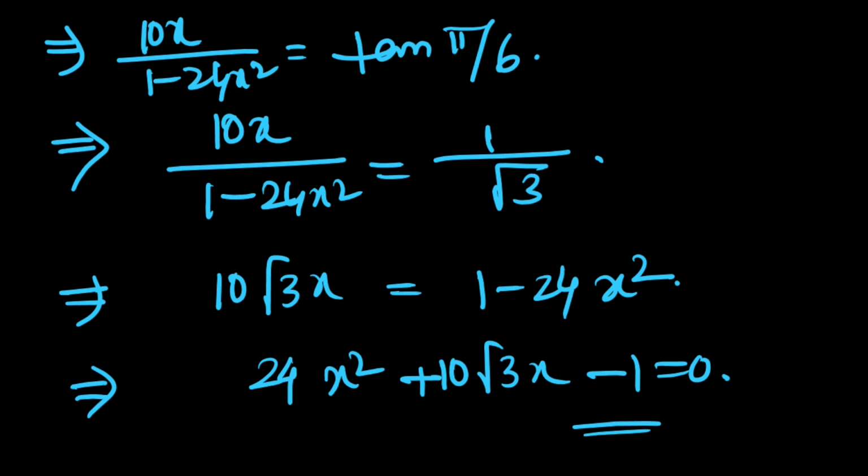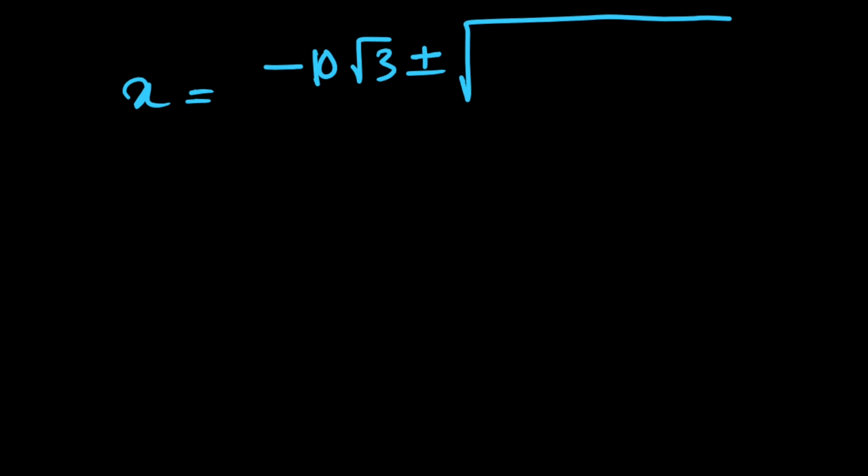Now we find the value of x. x is equal to minus b plus minus root of b square minus 4ac, over 2a. Here b is 10 root 3, a is 24, and c is minus 1.